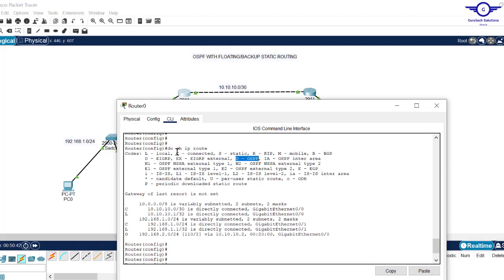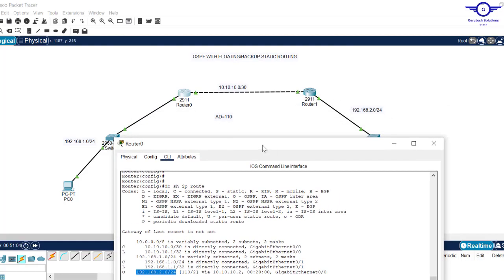So we have 3 route entries in the routing table. You can see OSPF has been installed and is the one that is meant to go to this network here.